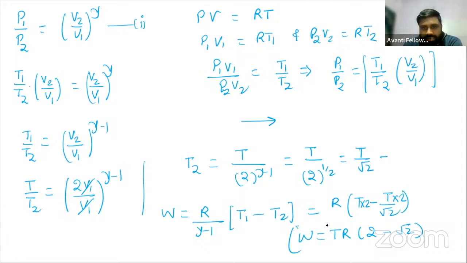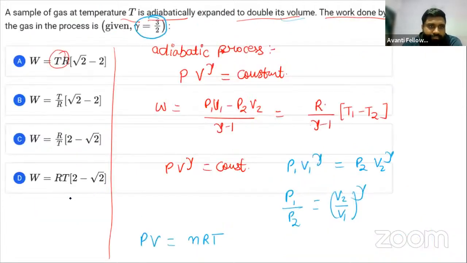So the work done here is TR into 2 minus root 2. So what is the option? This option is the correct one.